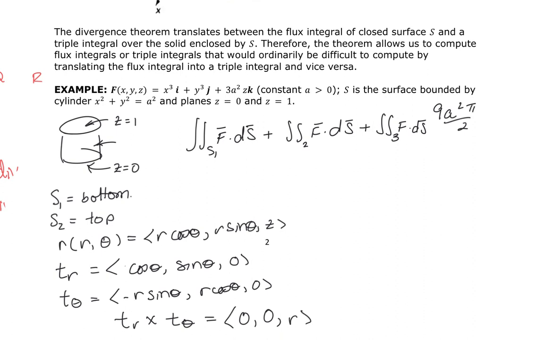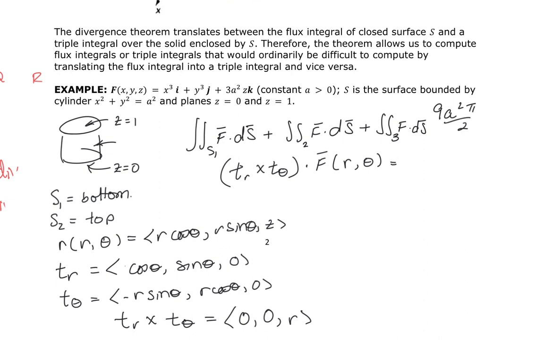All right, so for my top surface, let me just do T_r crossed with T_theta and its dot product with f of r and theta. I do my replacements with r and theta, and z is z. Because I have 0, 0, and r, the only thing that's going to show up in this dot product is this third term.